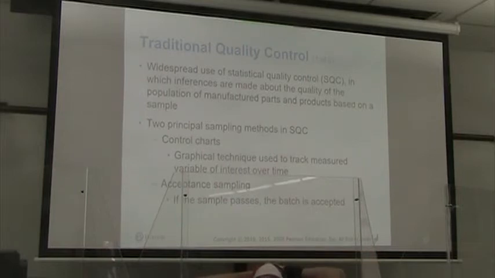So we have two principal sampling methods in statistical quality control. One is control charts. Those are graphical representations that we use to track the measured variable of interest over time. And the second is acceptance sampling. So if a sample passes, the batch is accepted.